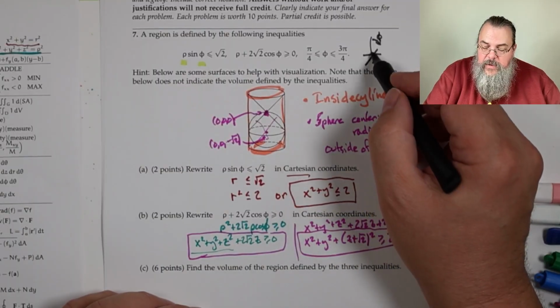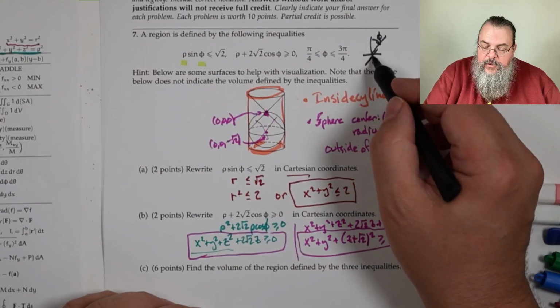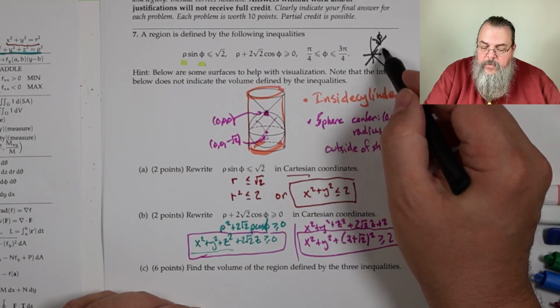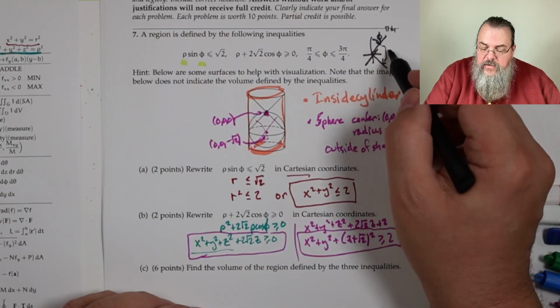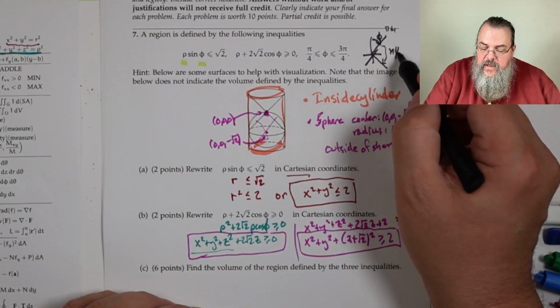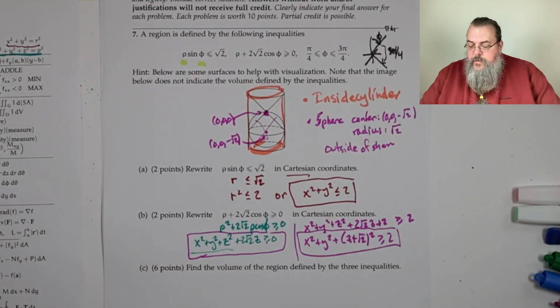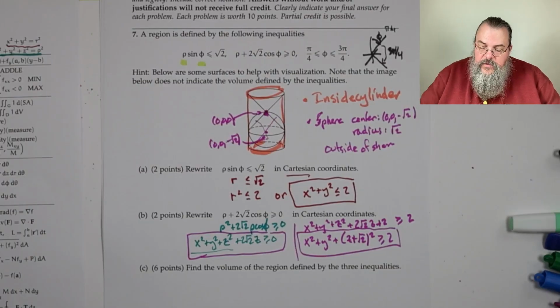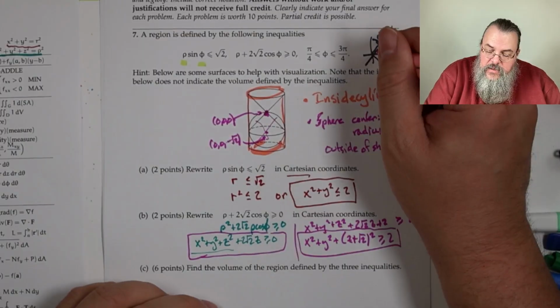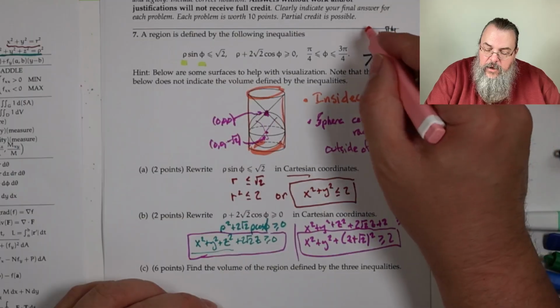So at phi equals pi fourths, we're coming off at an angle of 45 degrees. At 3 pi fourths, we're all the way down to here. So this is pi fourths, this is 3 pi fourths. There's no restriction on our theta, there's no restriction on rho, so imagine that you shade it, and now spin it.